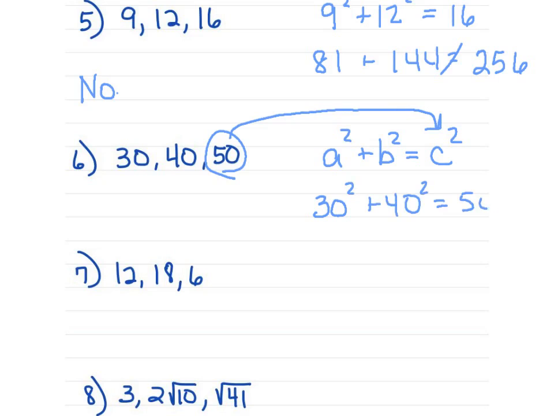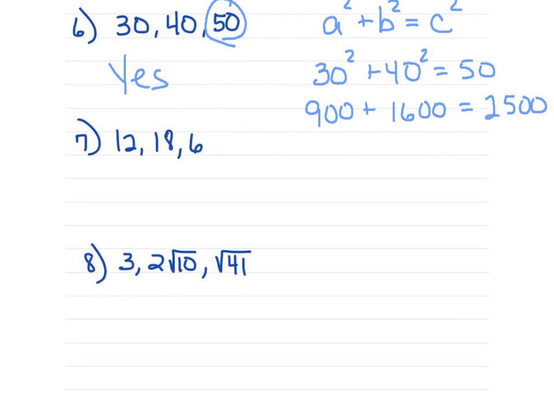Let's substitute. 30 squared is 900, 40 squared is 1600, and 50 squared is 2500. Is it true that 900 plus 1600 is equal to 2500? The answer is yes. Therefore, those three numbers are a Pythagorean triple.